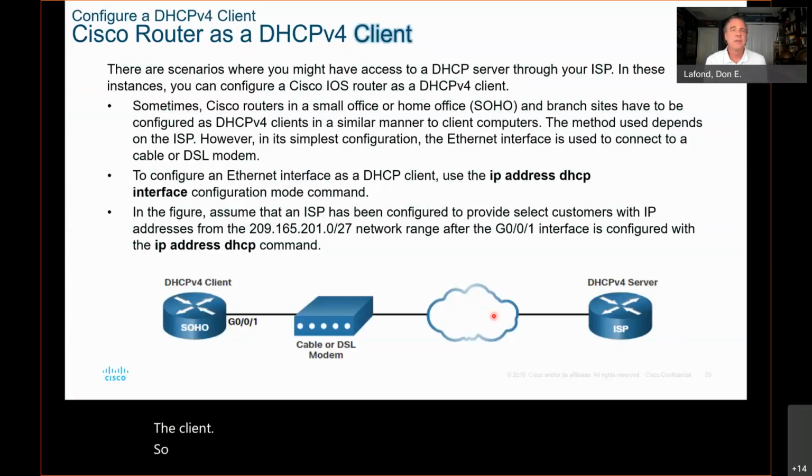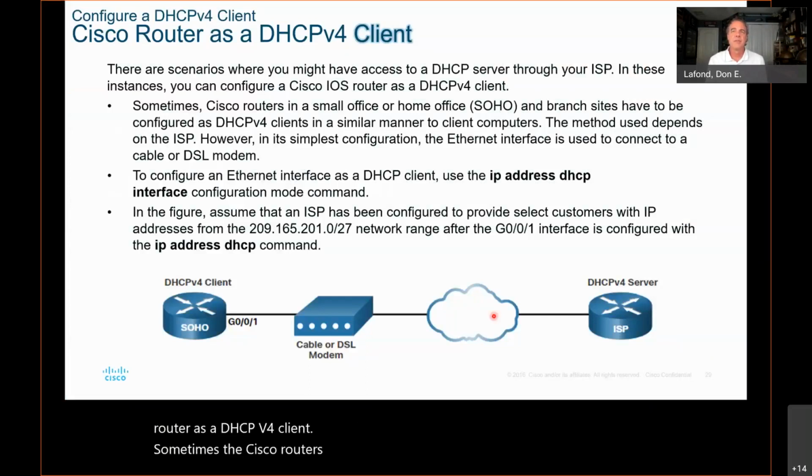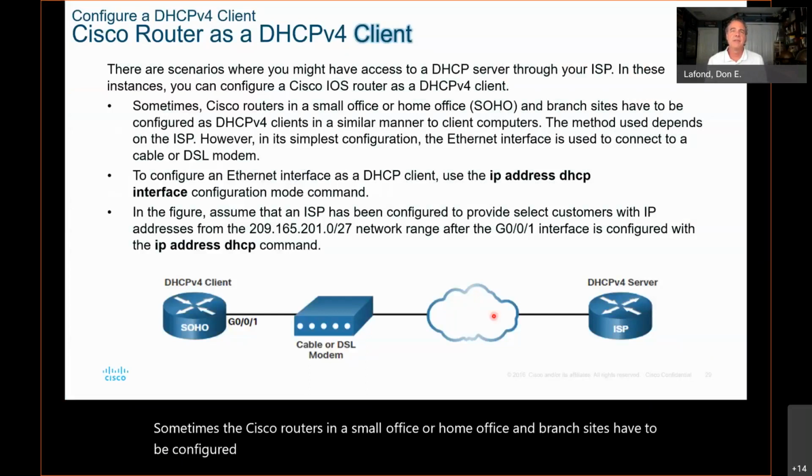In these instances, you can configure a Cisco IOS router as a DHCPv4 client. Sometimes the Cisco routers in a small office or home office and branch sites have to be configured as a DHCPv4 client in a similar manner to client computers.